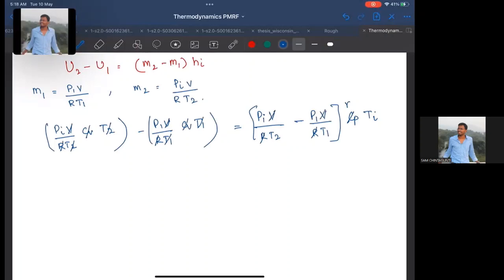This will become Pi minus P1 is equal to Pi by T2 minus P1 by T1, times gamma Ti.